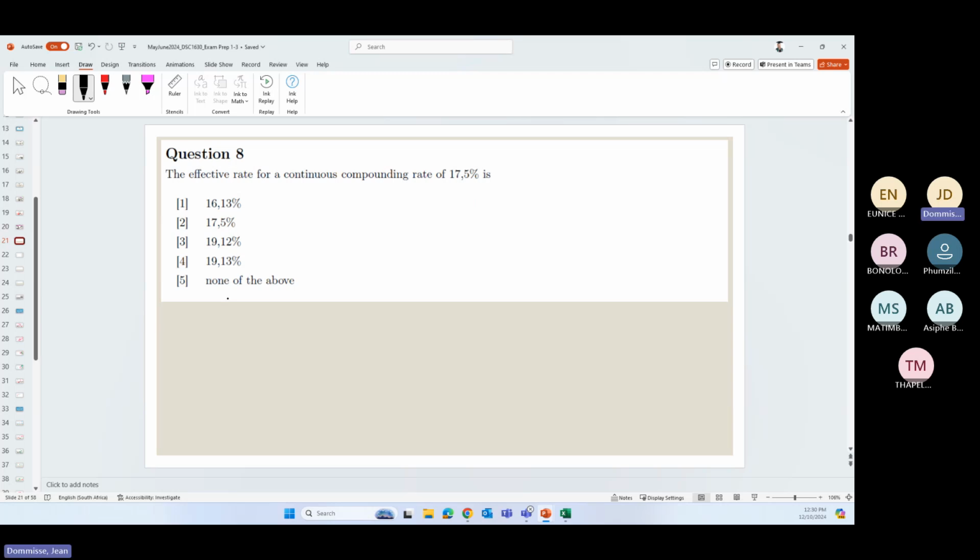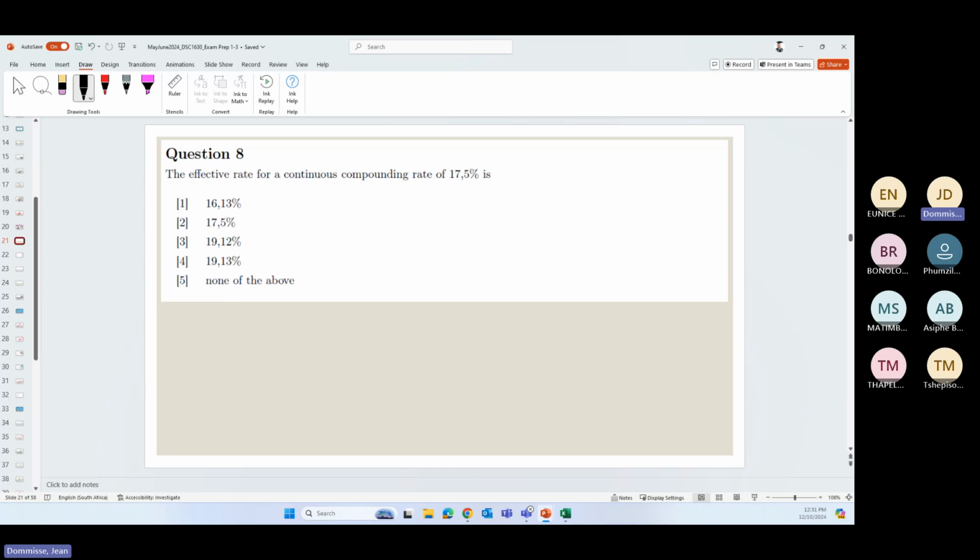But when it is effective for continuous compounding, then we need to use the formula again. So a lot of the questions today that I've put in around the changes in interest rates are more to do with the interest rates that you can't use your calculator for later.